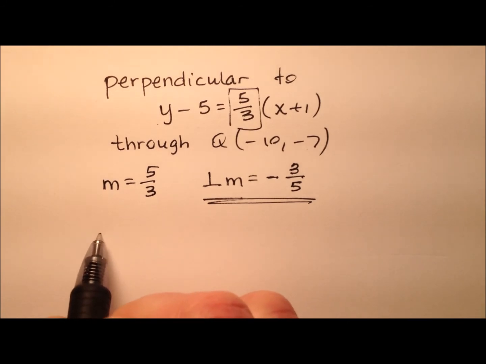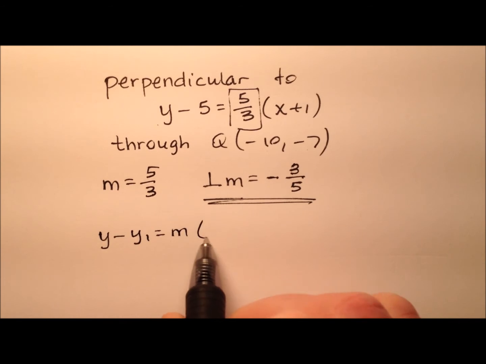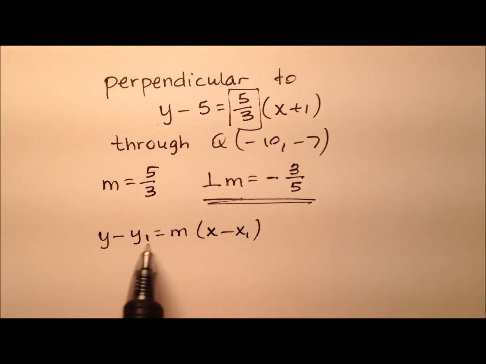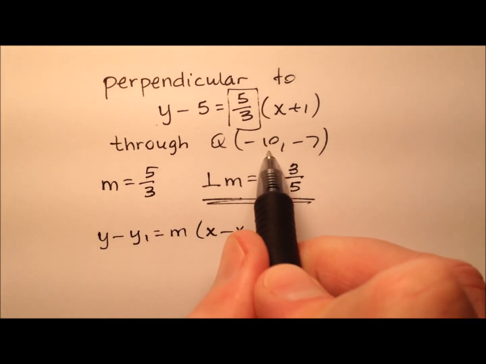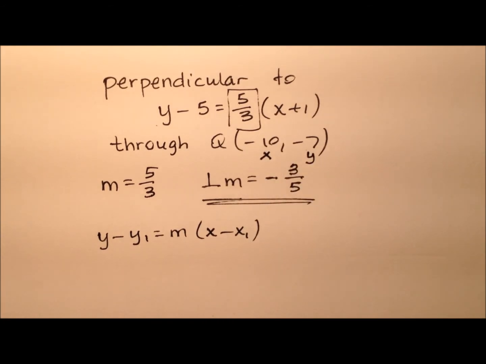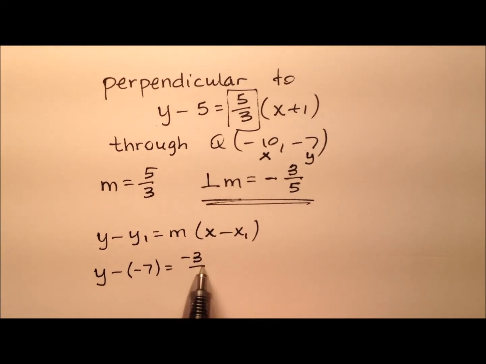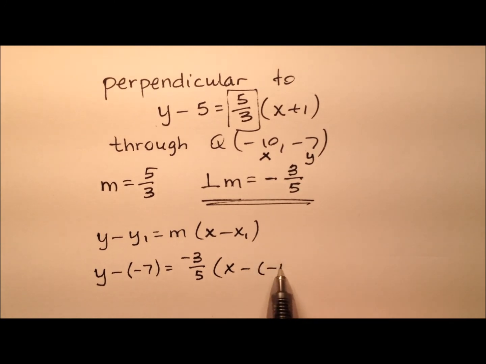So I've changed the sign and flipped it over, so negative 3/5. This will be the slope we're using now because it's perpendicular. Let's start by writing the equation in point-slope form. So y minus the y value equals the slope times x minus the x value. We can grab x and y from our ordered pair, negative 10 and negative 7. So y minus negative 7 equals negative 3/5 times x minus negative 10.